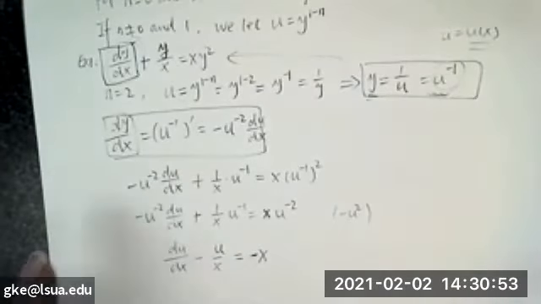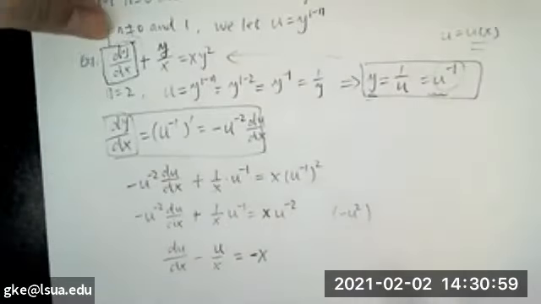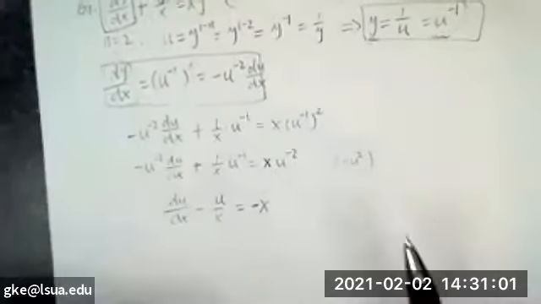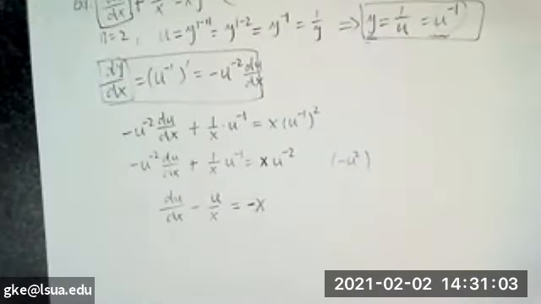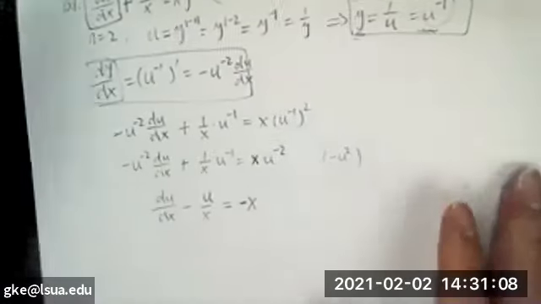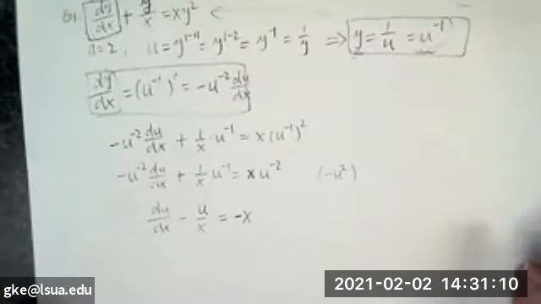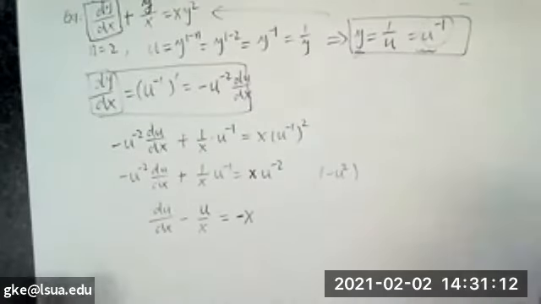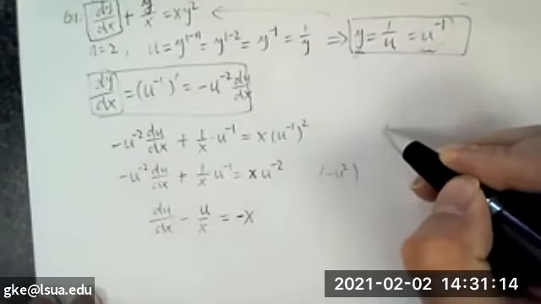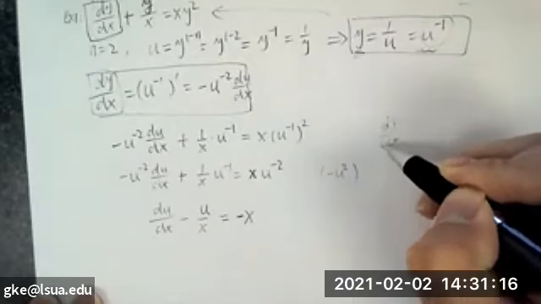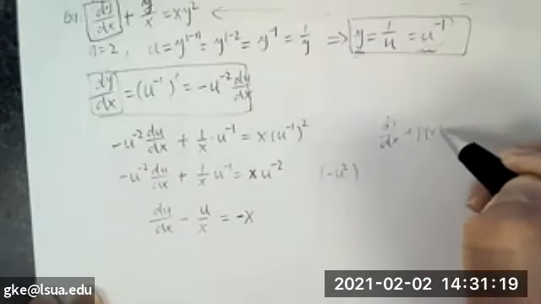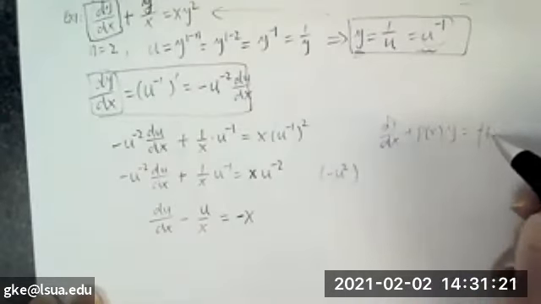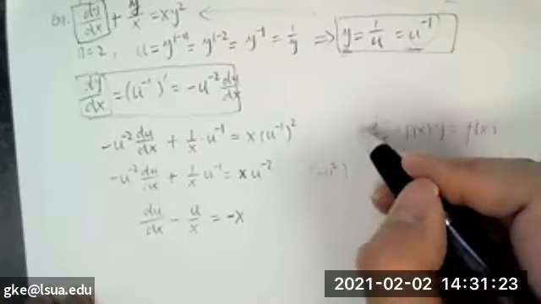What type of equation is this? I have a question. Can we solve this equation or not? Yes, we can solve it. Now it becomes the standard equation, like I said before, dy over dx plus p(x) y equals f(x). You still remember?